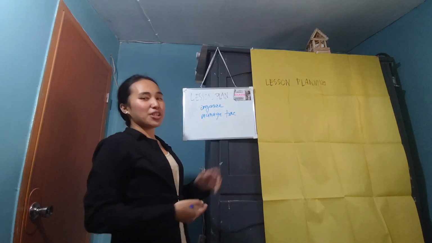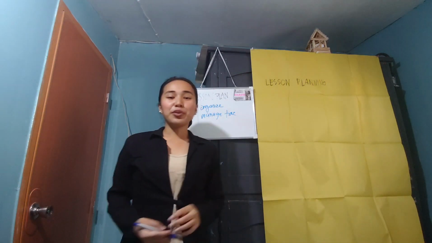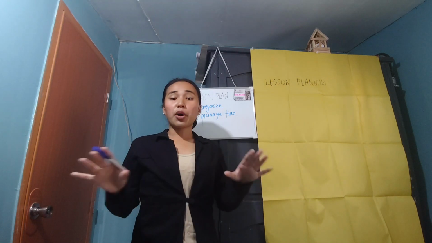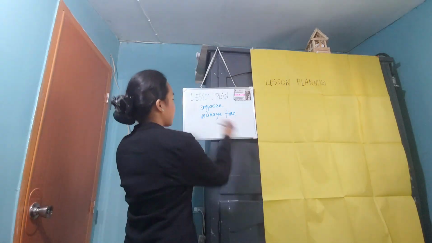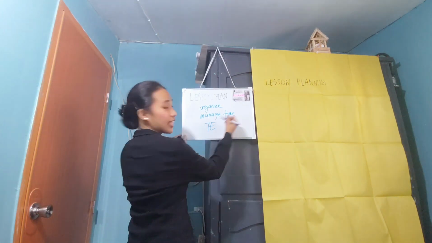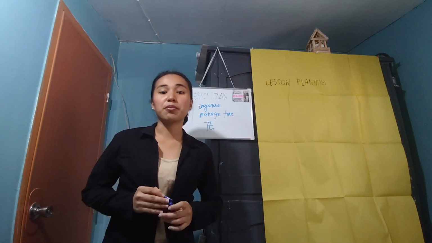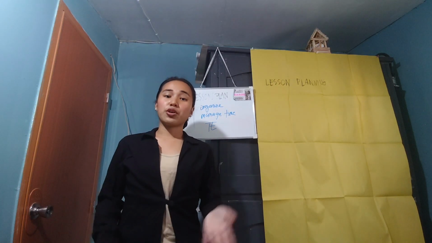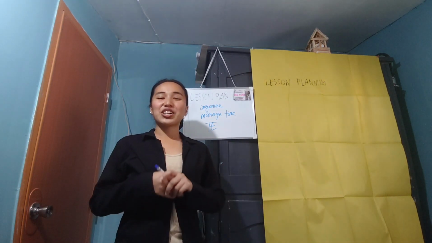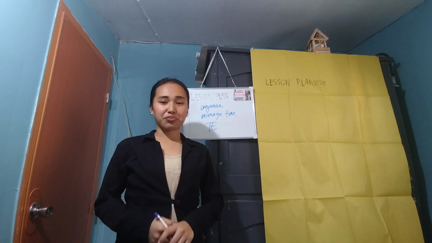For this presentation, I will explain the different parts of a detailed lesson plan using the 7E instructional model, which is commonly used in science teaching to promote active learning and conceptual understanding.